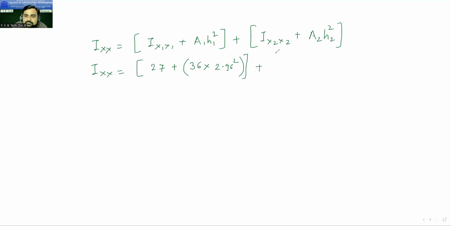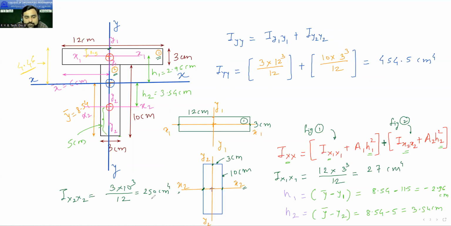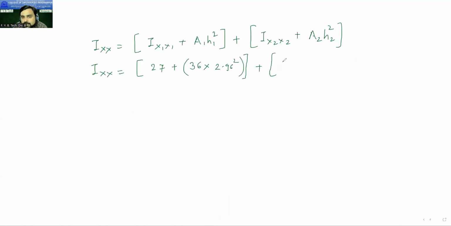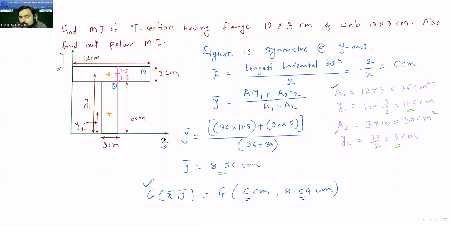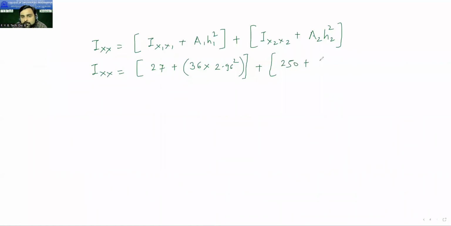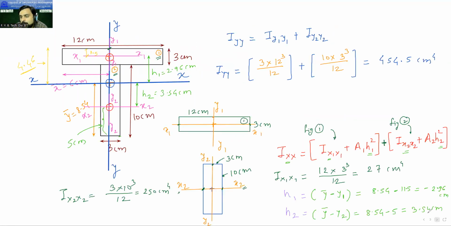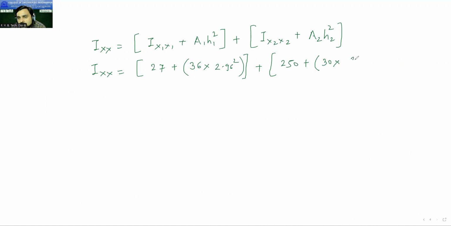प्लस x2 किती आपला, x2 आहे 250, so x2 is 250 plus what is the value of a2 we have already calculated over here 30, so I will put this value again here bracket 30 into h2 किती काढलाय आपण 3.54, so h2 is 3.54 square and this bracket is complete and this total bracket is complete.